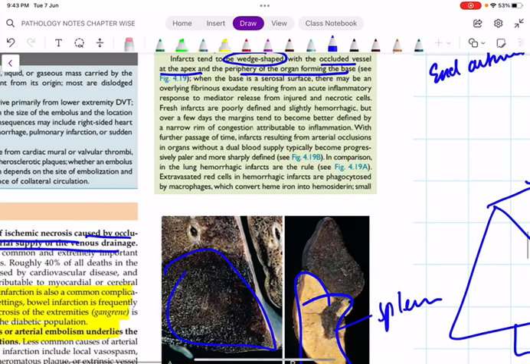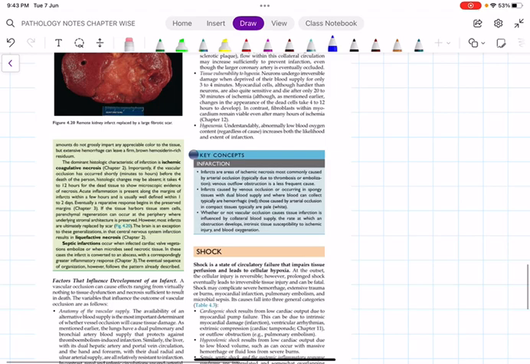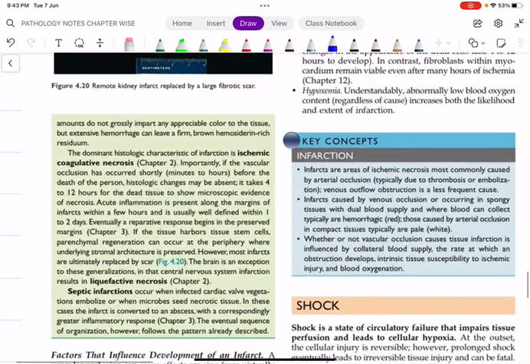And you know the extravasated red cells will be phagocytosed by the macrophages. Heme iron will be converted into hemosiderin. This is responsible for the brownish discoloration. Remember the histological characteristic feature I have already told you. Infarct means what?